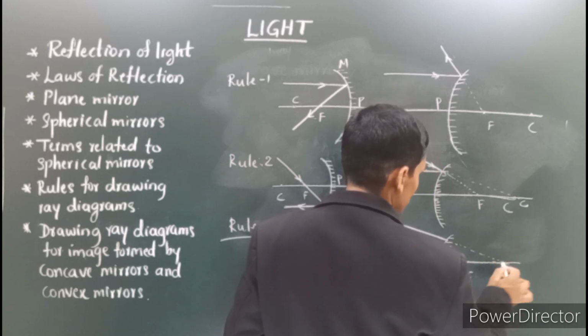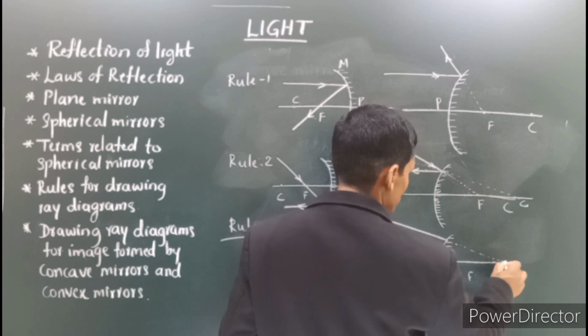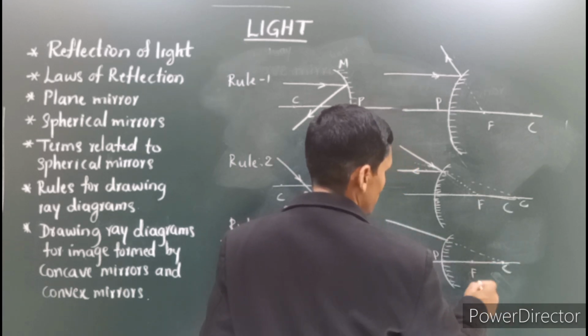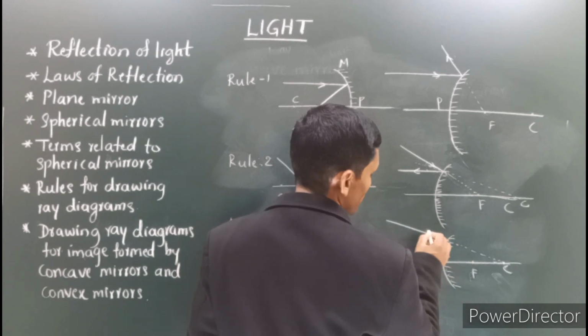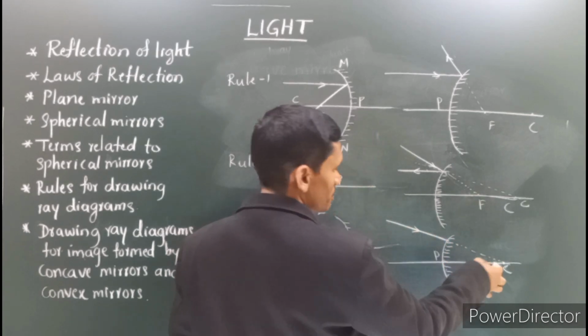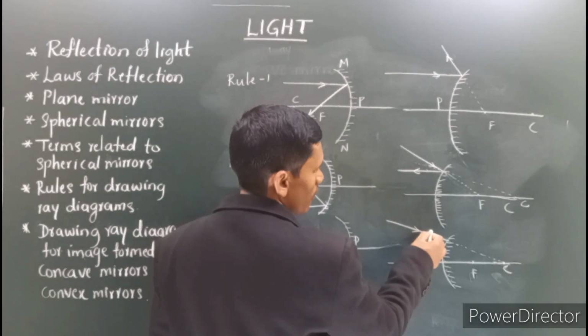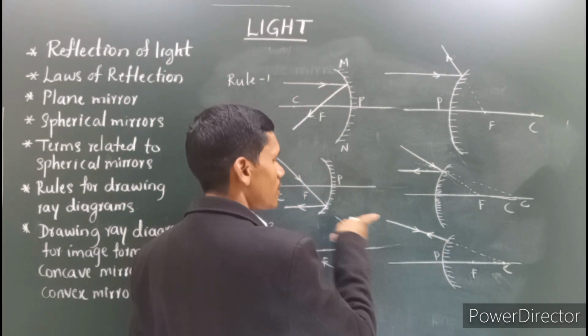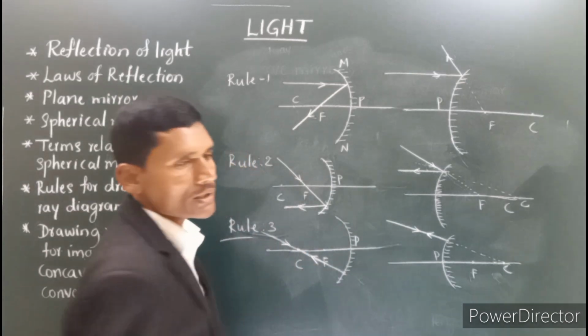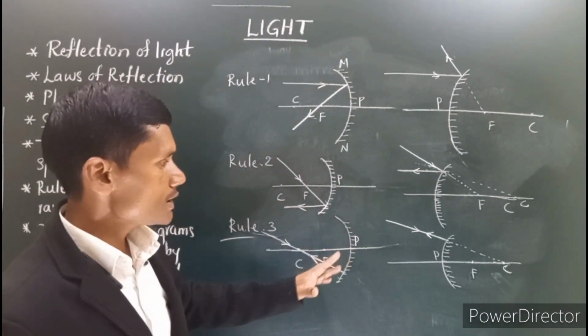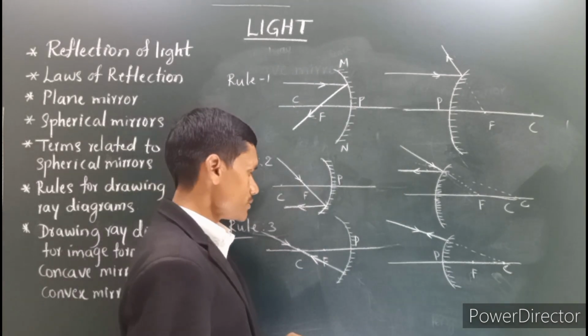See, this is C. Now, a ray which is appearing to be passing through the center of curvature in case of a convex mirror follows the same path after reflection. It means how it is incident, in the same direction it is returning. It is not changing its path at all, right? This is in case of a convex mirror.